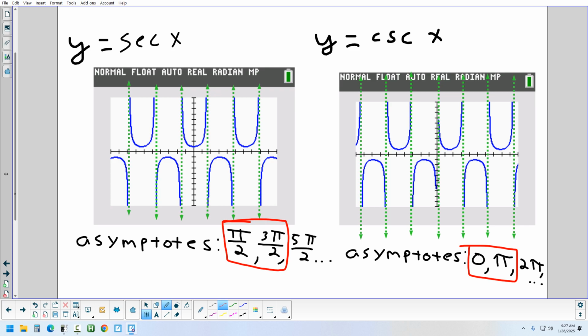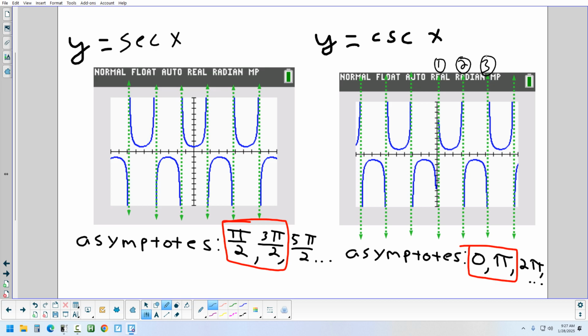So first, we need to kind of understand what is a full cycle. All right. Well, let me label my asymptotes. From asymptote 1 to 3, that is a full cycle. When you are drawing secant or cosecant, you need to have one full U shape and one full N shape.